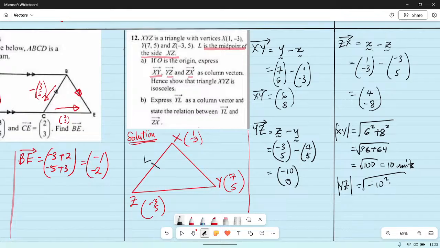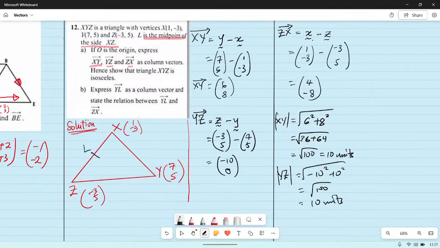Negative 10 squared plus 0 squared, root of 100, 10 units. So what conclusion can we make? We say that since XY magnitude equals YZ, then the triangle is isosceles.